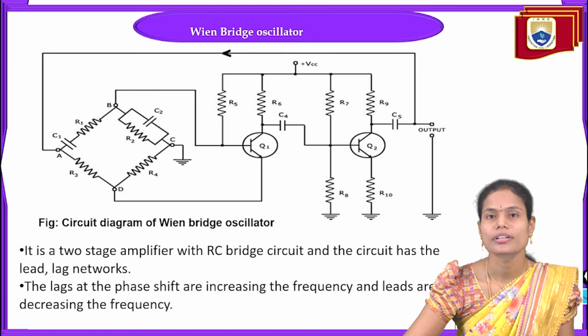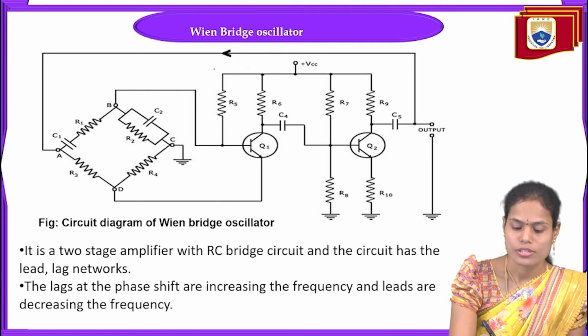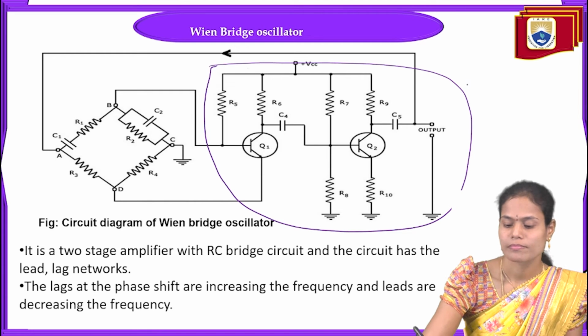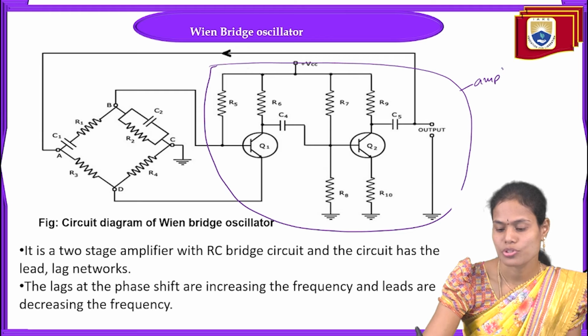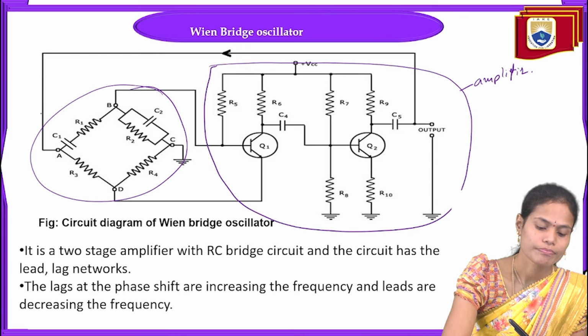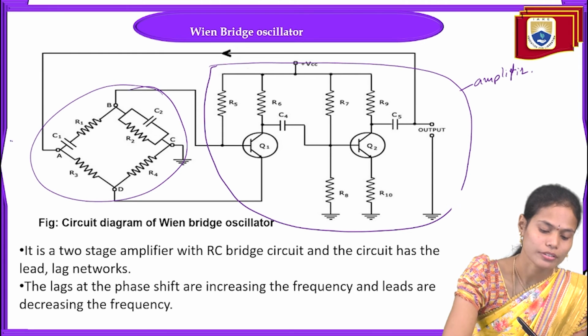So this is the internal circuit of the Wein bridge oscillator. So this part is the amplifier, the two-stage amplifier circuit, and this is the bridge or feedback network.